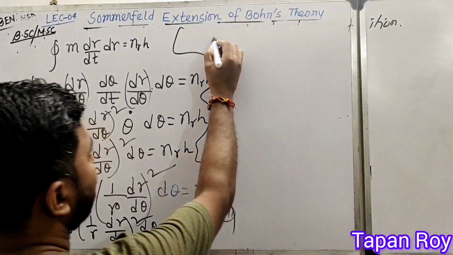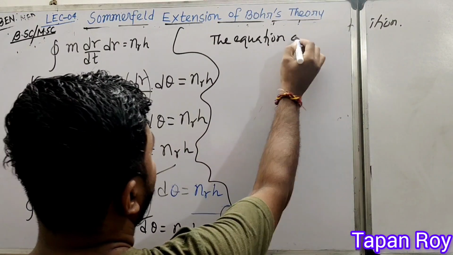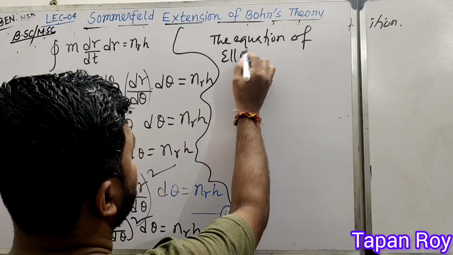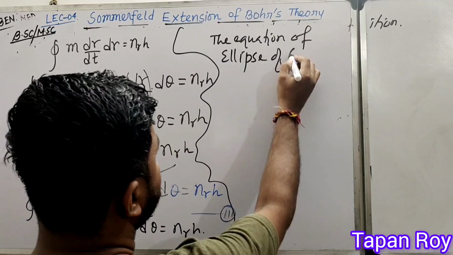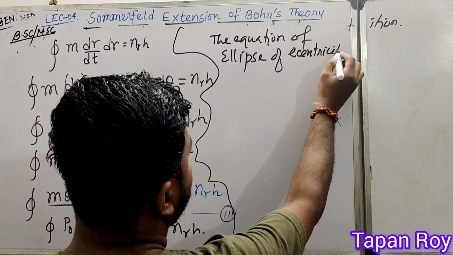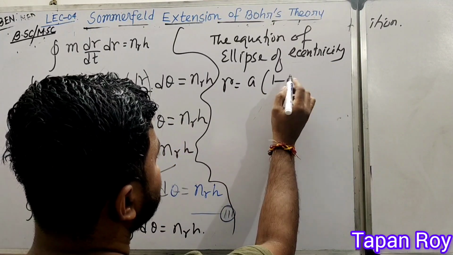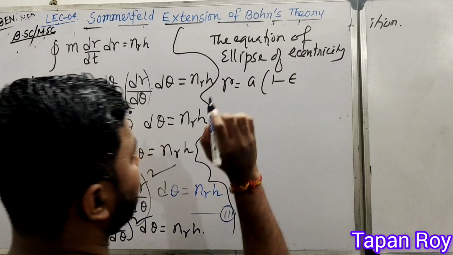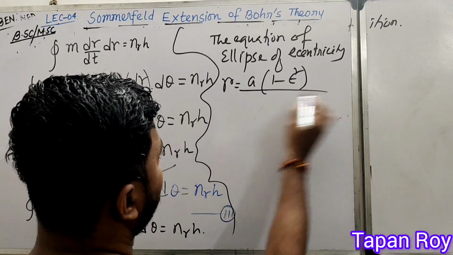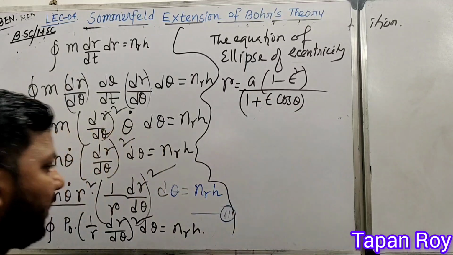The equation of ellipse of eccentricity is r is equal to a into 1 minus epsilon square by 1 plus epsilon into cos theta, right?